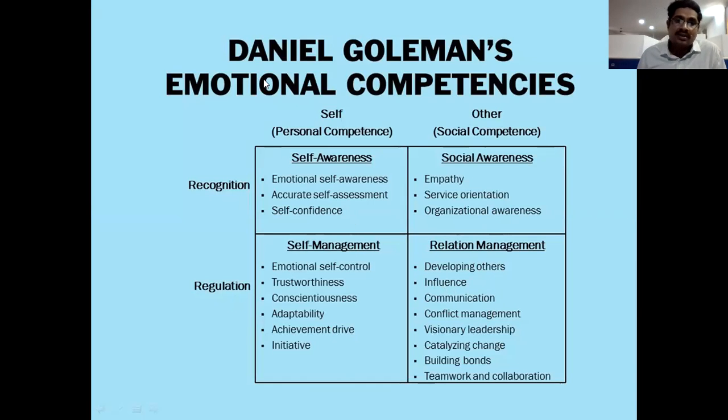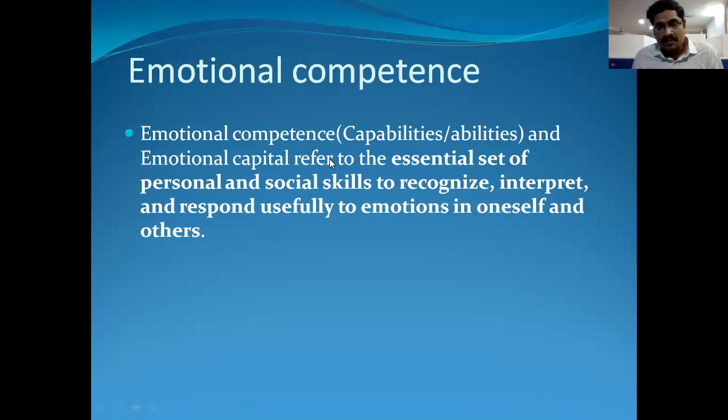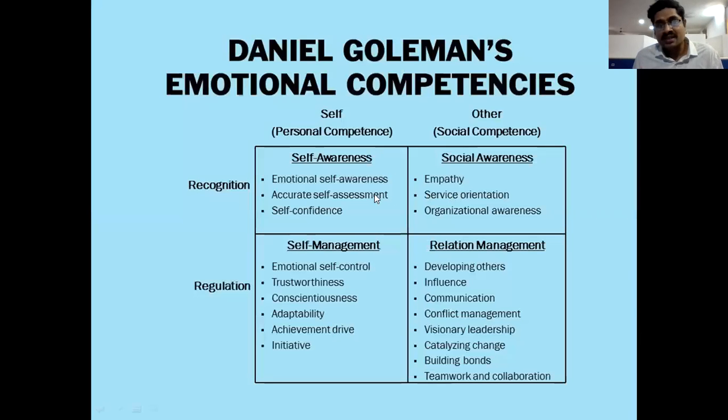So look at it carefully. In this Daniel Goleman's model, emotional competencies, as per the previous slide, there is a set of personal skills and social skills recognition. First, coming to the personal skills recognition part.